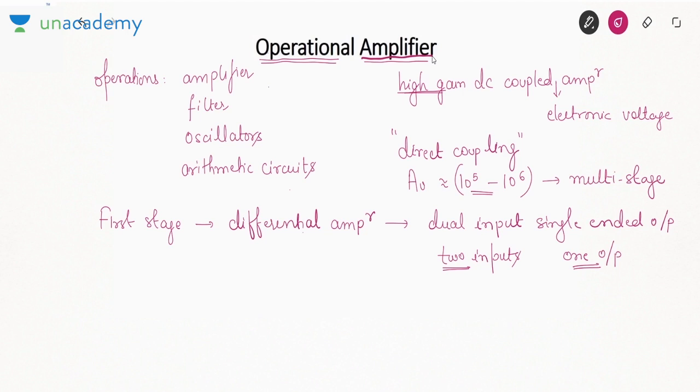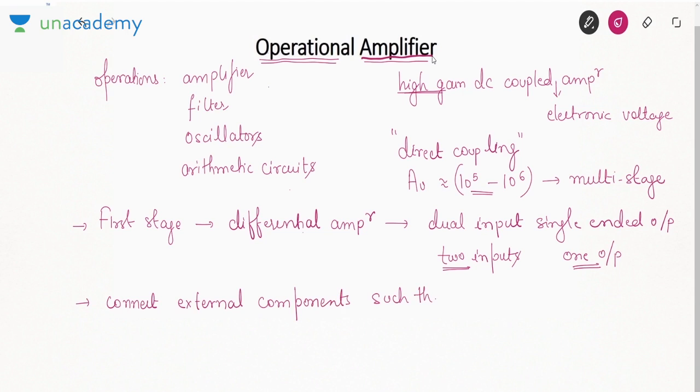But what do we do with an op-amp? I told you, op-amp is an amplifier which will be used to realize certain operation, and in order to do that, we have to connect external components such that gain, bandwidth, impedance are controlled by external components.